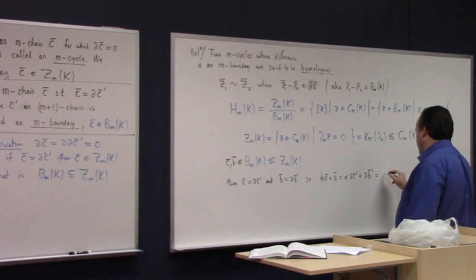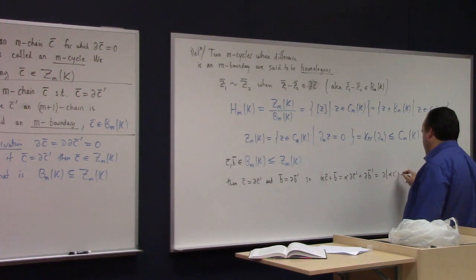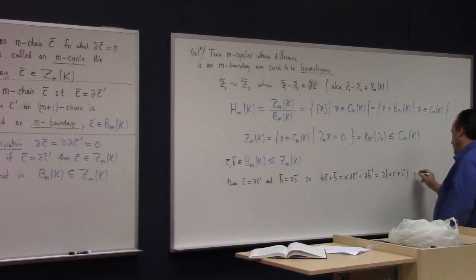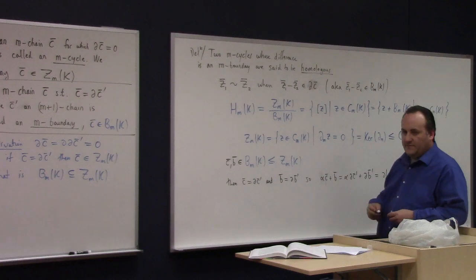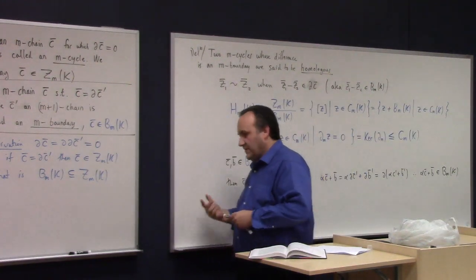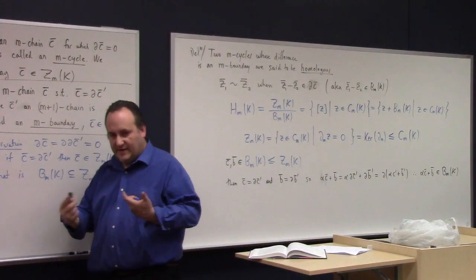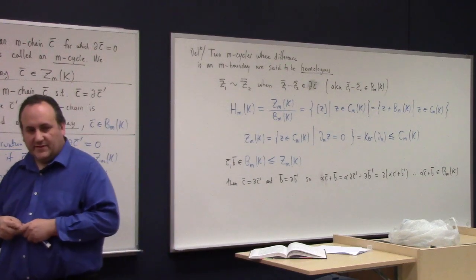And since the boundary is linear, I can rewrite this as the boundary of alpha C bar prime plus B bar prime. Oh, woohoo! Therefore alpha C bar plus B bar is an element of BMK. But I've done it for an arbitrary real constant and an arbitrary pair of boundaries. Therefore, we've passed the, almost there.